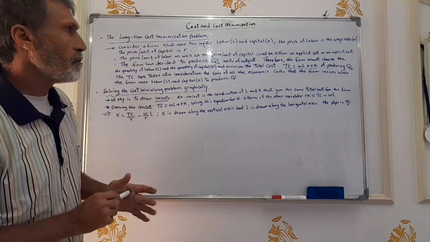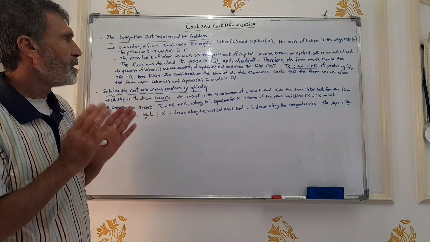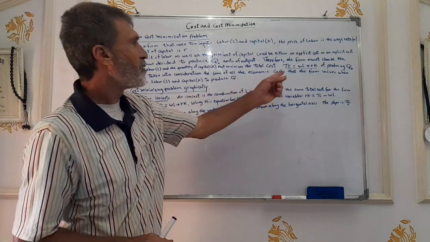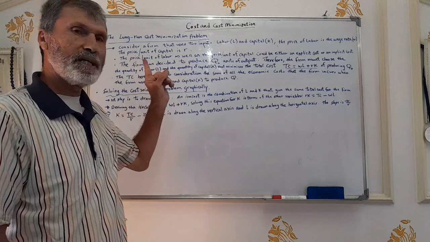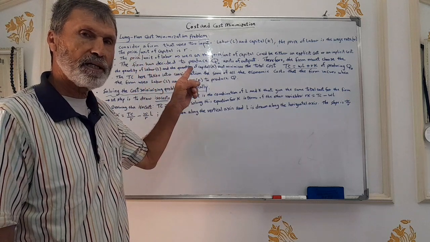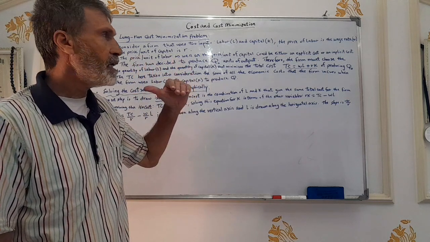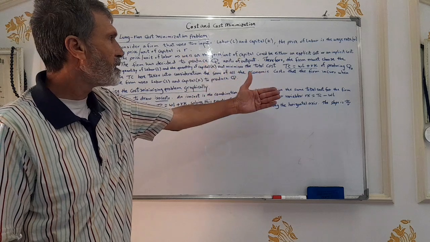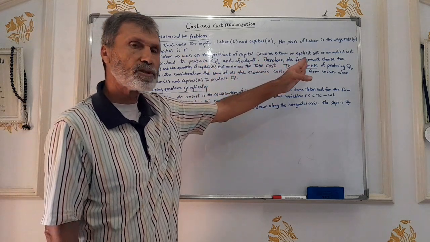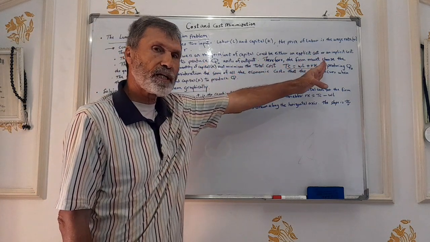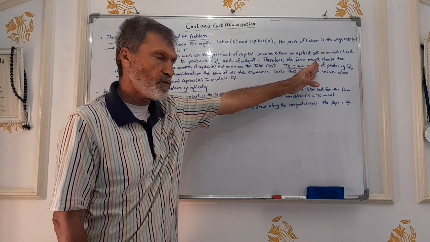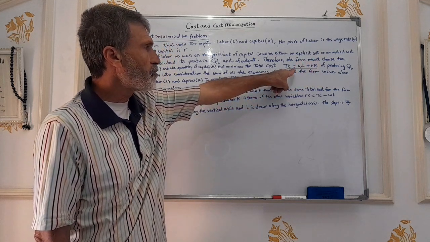So now, remember, the firm must use the combination of labor and capital that minimizes the total cost to produce a given quantity of output. Now, this is the equation of total cost.